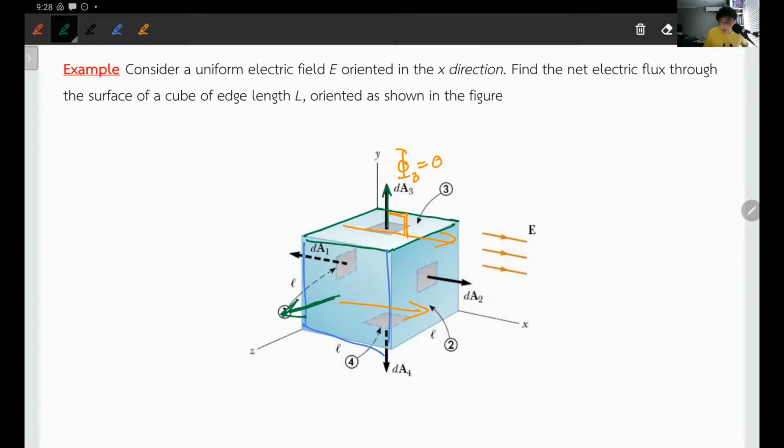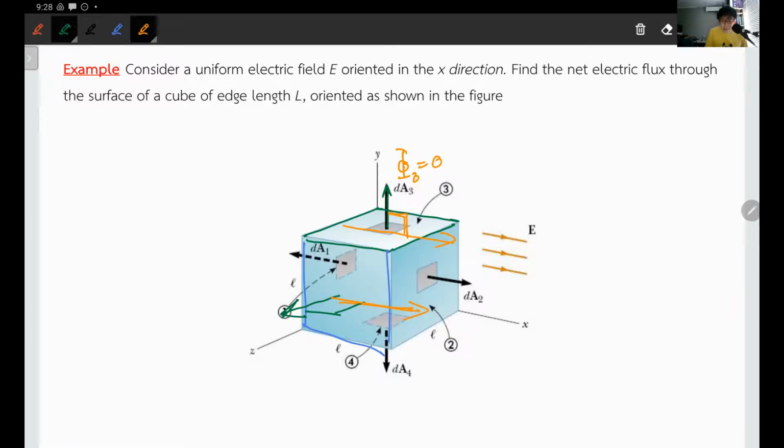That angle is also 90 degrees again. So once again, the flux through the front surface is also 0.